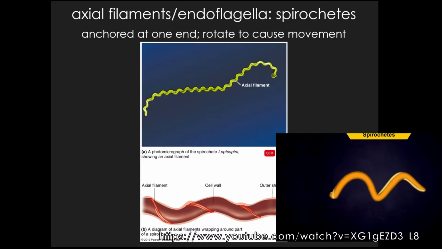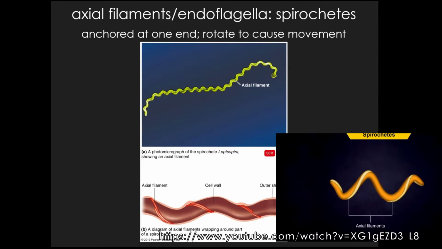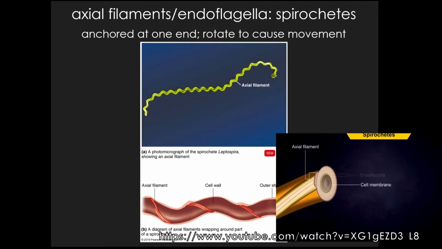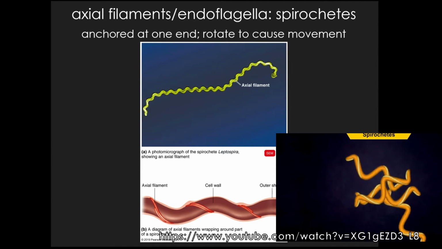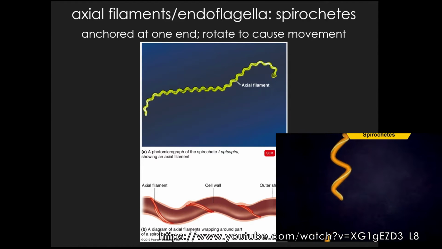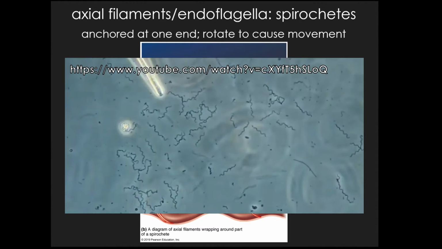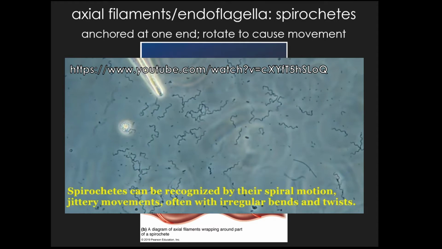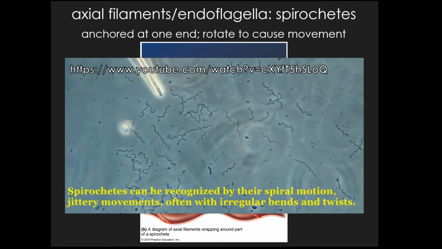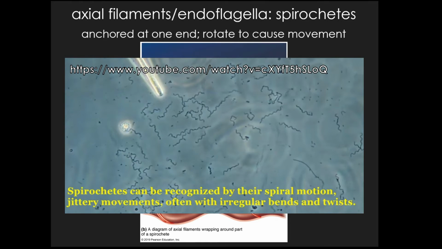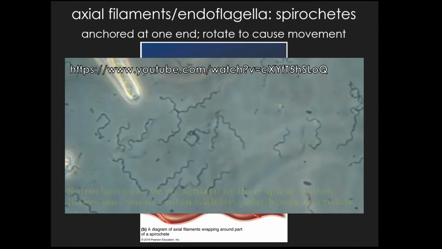Those are also sometimes called axial filaments, and they anchor at one end of the cell, and they turn in a counterclockwise direction and change direction to clockwise just like other flagella, but because they are inside of the cell, the whole cell twists and turns around the flagellum. And the really cool thing about spirochetes is that when you see them move, you're actually seeing the flagellum move because the cell is just changing its shape around the flagellum.